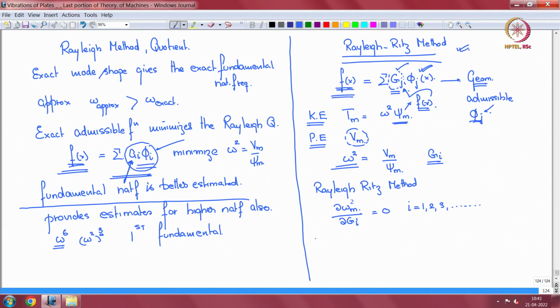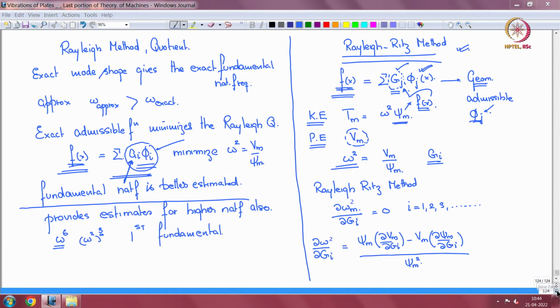So how does it look? Del omega square by del g i is equal to the numerator psi m del Vm by del g i minus Vm del psi m by del g i, divided by psi m square.